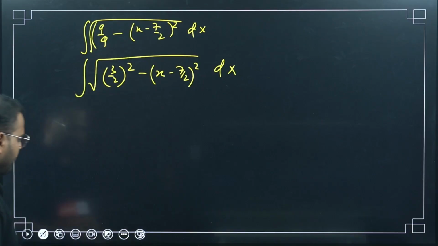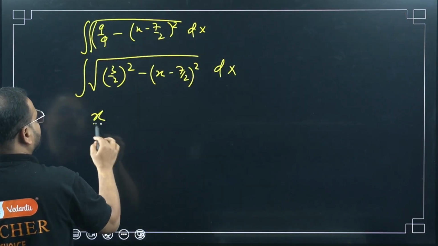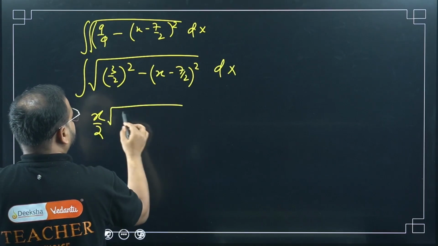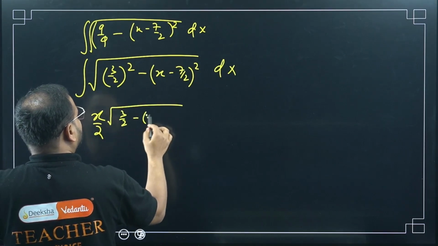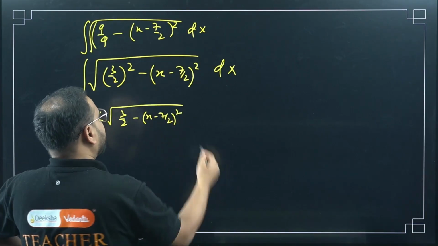Please have a look. The same thing is written here. The condition is, first thing is x by 2, and the same thing you write in the root only: 3 by 2 minus x minus 7 by 2 the whole square.